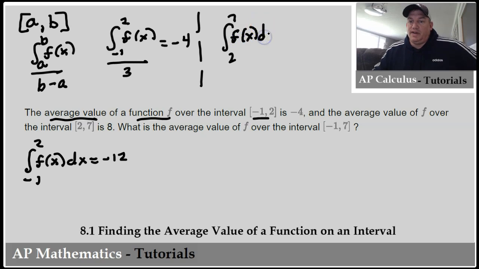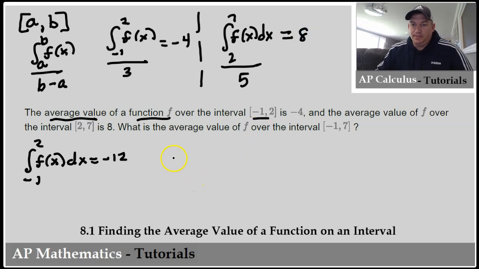We're going to divide by the width, which is 5, or 7 minus 2, and we know that this value is 8. So we can multiply both sides of the equation by 5, and we get the integral value from 2 to 7 of f of x dx to be 40.